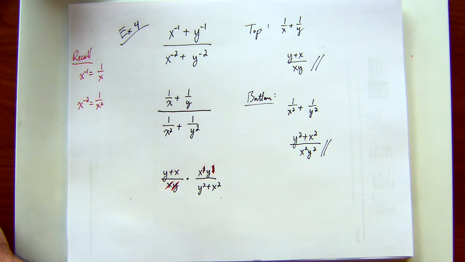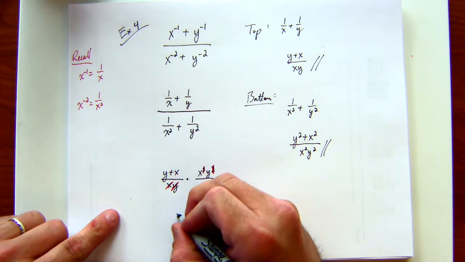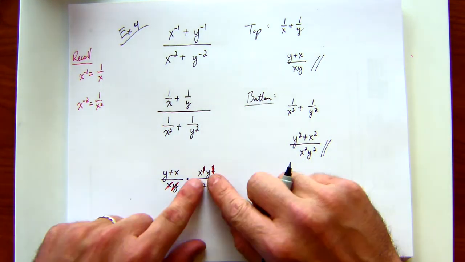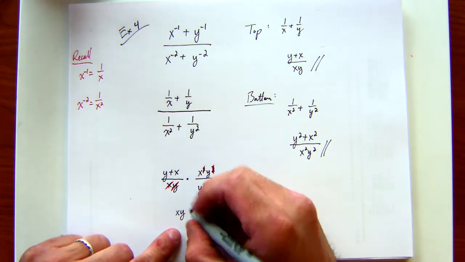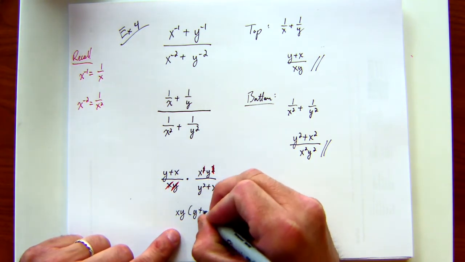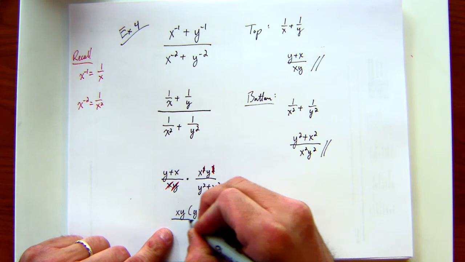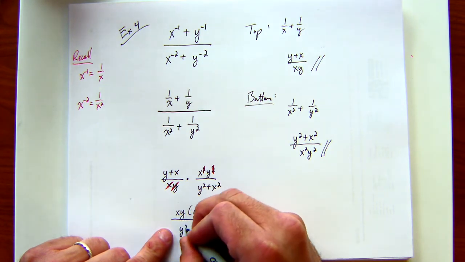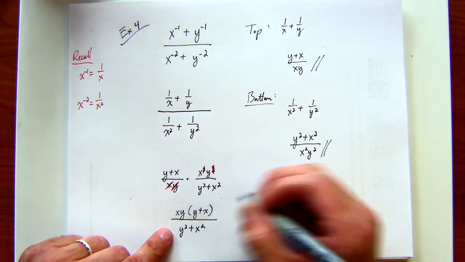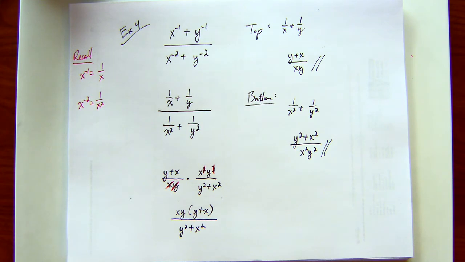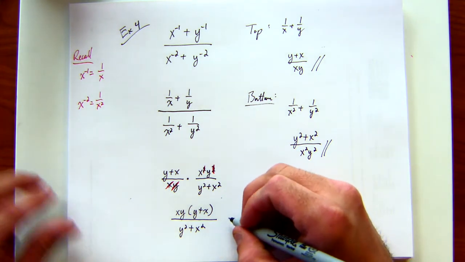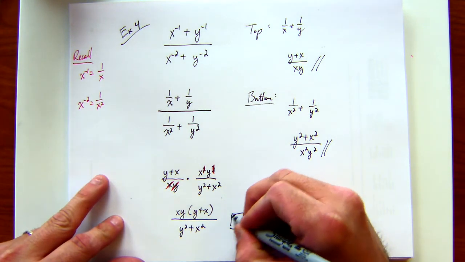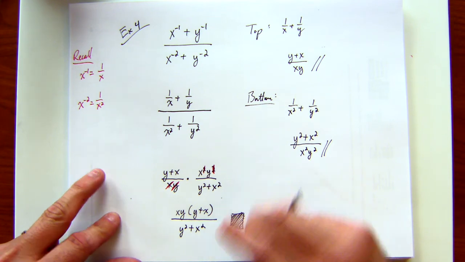And that leaves me with, on the top I've got xy, so this x and this y, times y plus x. And on the bottom I've got y squared plus x squared. And that will finish the problem. I cannot factor this anymore.